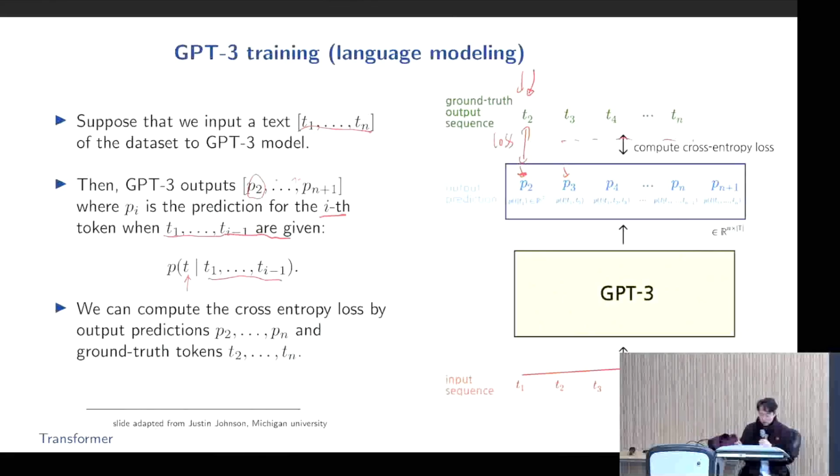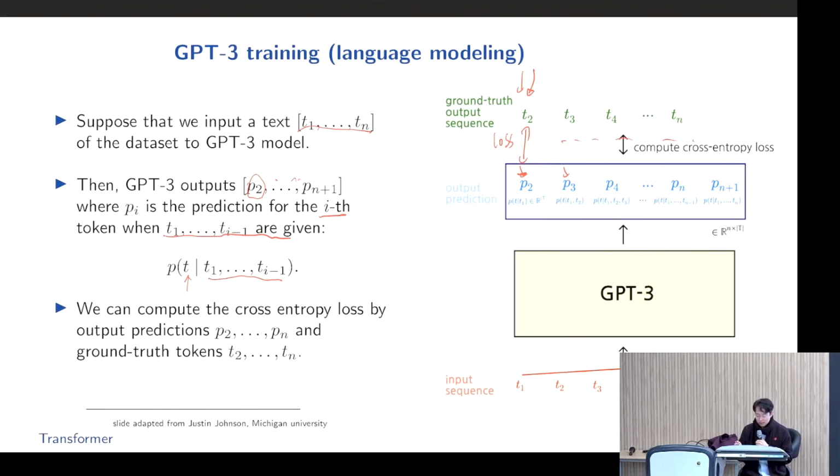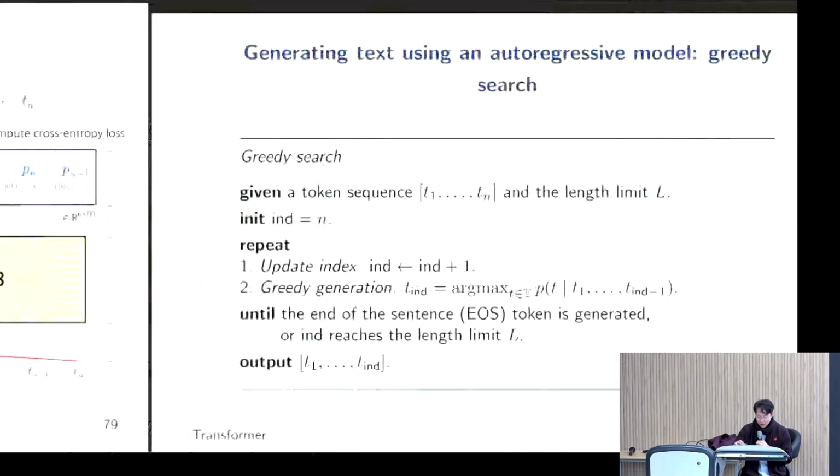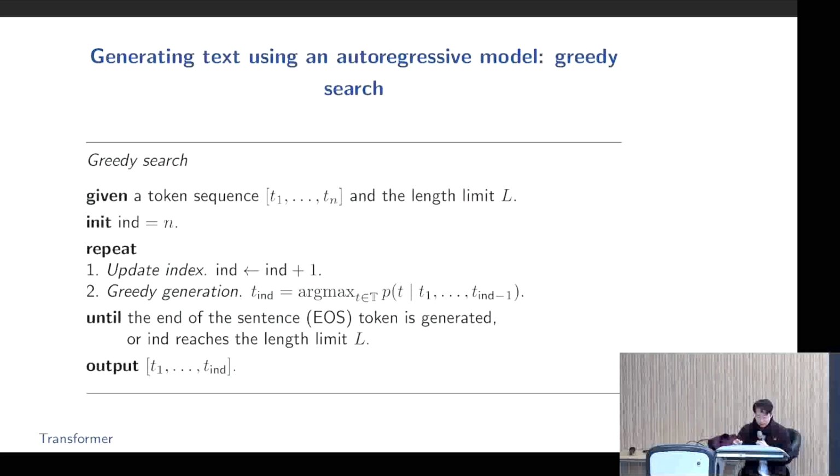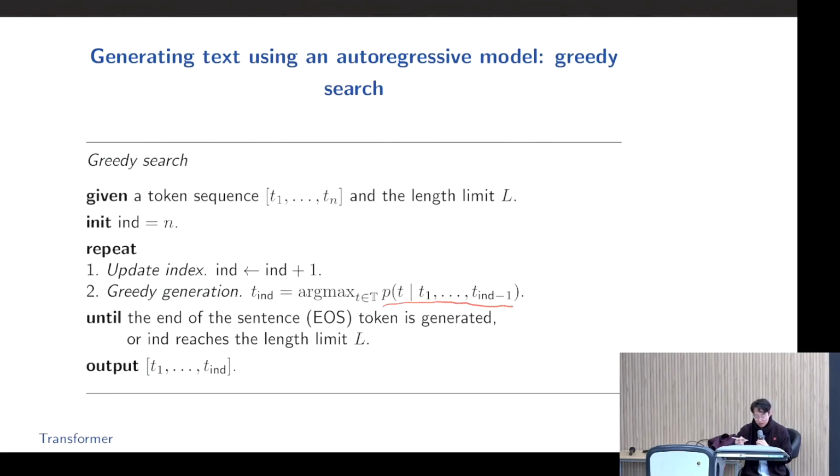So given this trained model, how do you decode, and what are a number of techniques to do better decoding? The obvious thing is greedy decoding. Given some sequence, you ask your autoregressive model, given these as input, what is the probability distribution on the next following token?